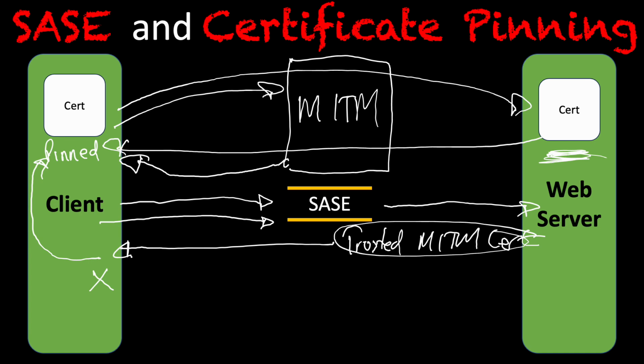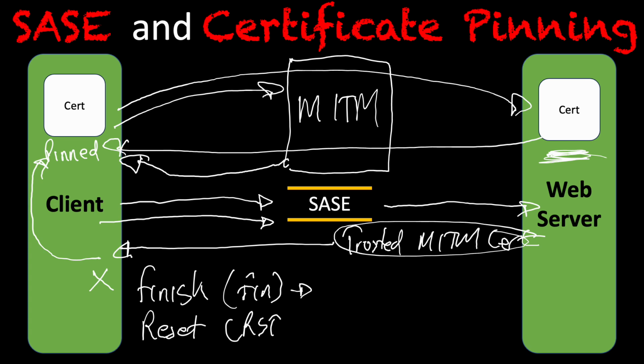Once that determination is made, and the connection is not going to work, typically the client will send either a finish or a reset to the SASE provider, and basically the connection is going to stop there.